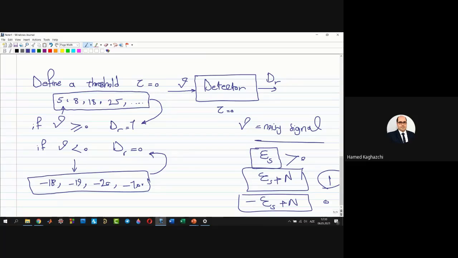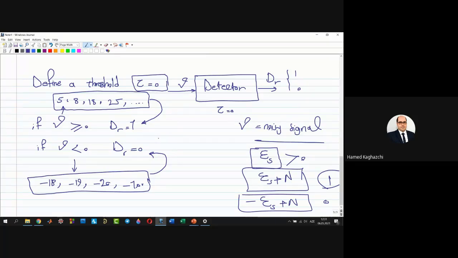With defining a threshold in the detector like that, I can detect the DR as 1 and 0. Using this process, I can transmit the data correctly.